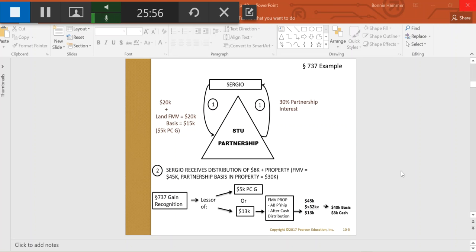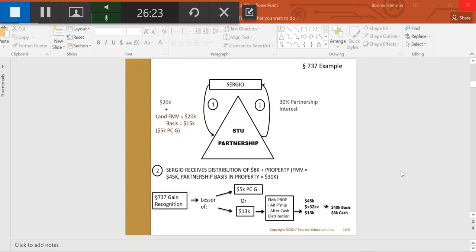Actually, the property that's distributed to him has a fair market value of $45,000 and a basis of $30,000 to the partnership, okay? And just remember that his original basis in the partnership interest was 20 plus 15 or 35. We'll go from there, okay?